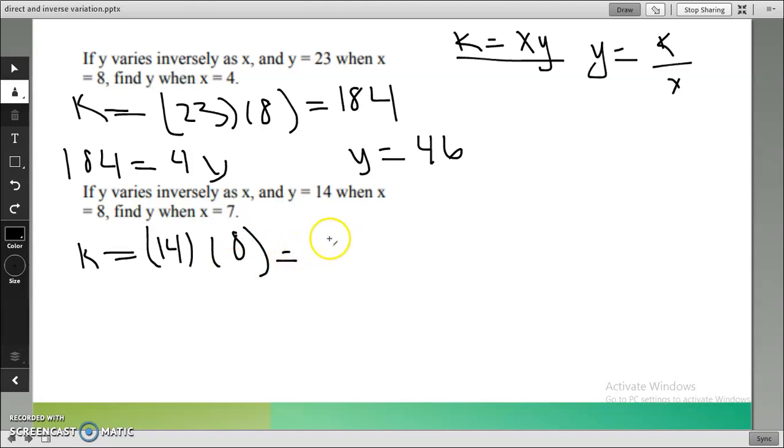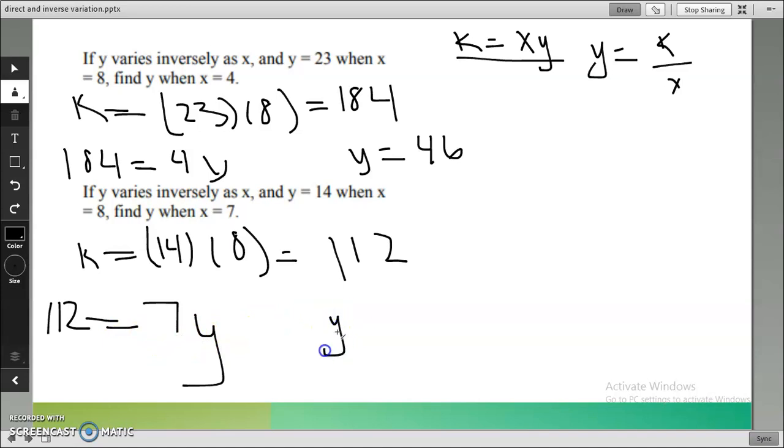And I get 112. So then I'll plug in that 112 is equal to my k. I know x, so that's 7y. I want to find y. Divide both sides by 7 to find y, and I get y is equal to 16. And I hope that this helps.